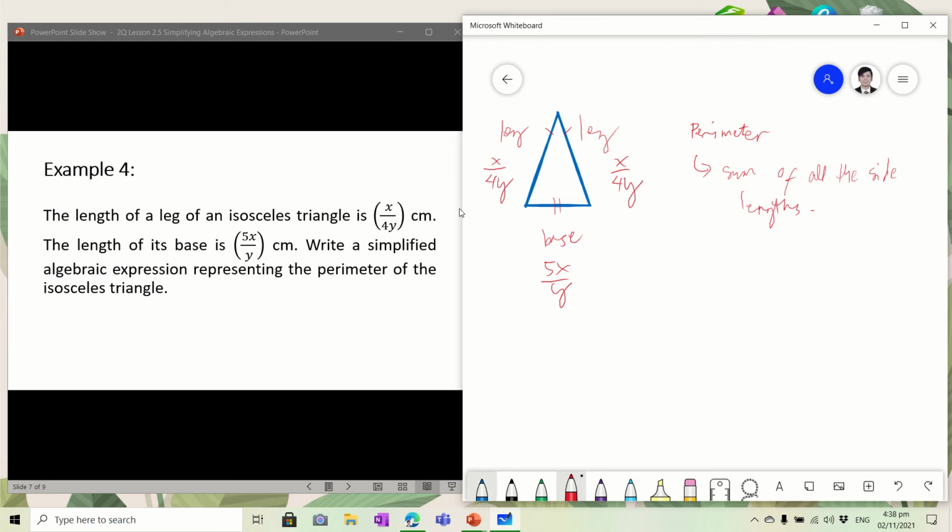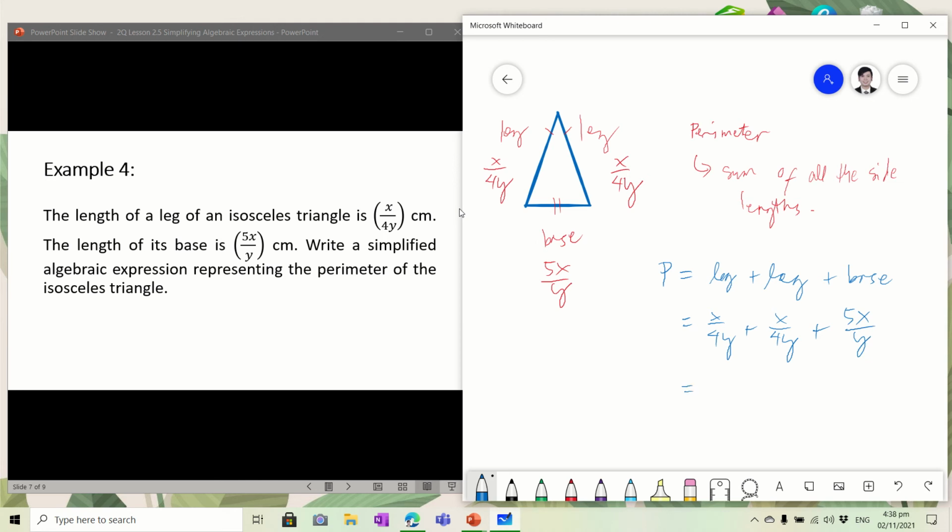So what we will need to do, we follow that. We just add all the sides. So that's the length of the leg plus another leg plus the base. So the leg is x over 4y. The second leg is also x over 4y. And the base is 5x over y.